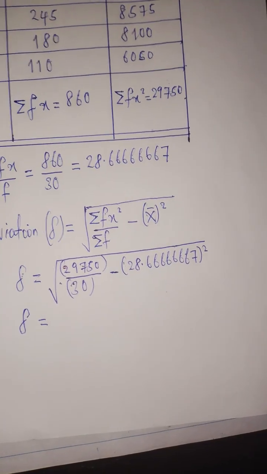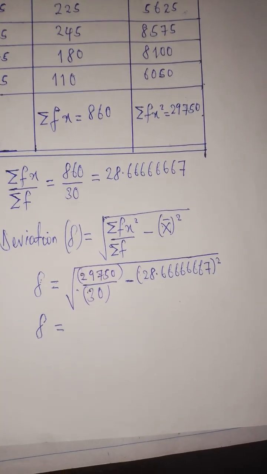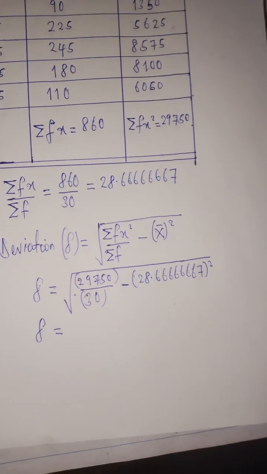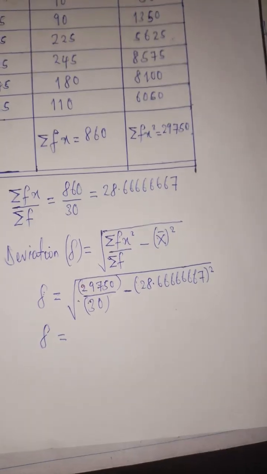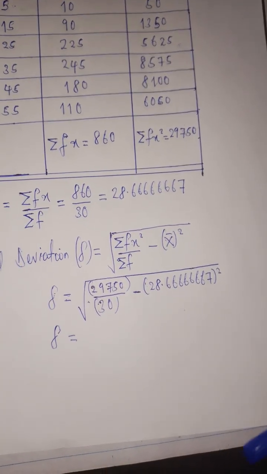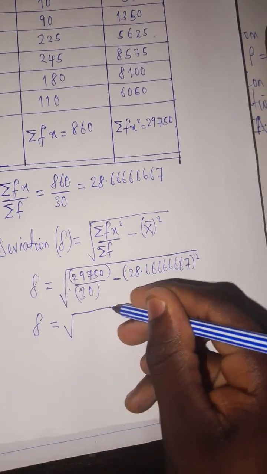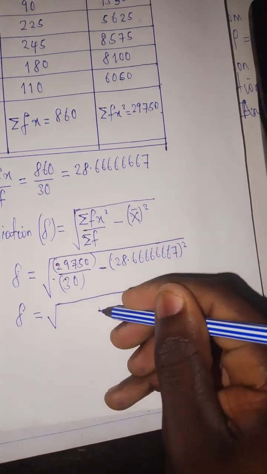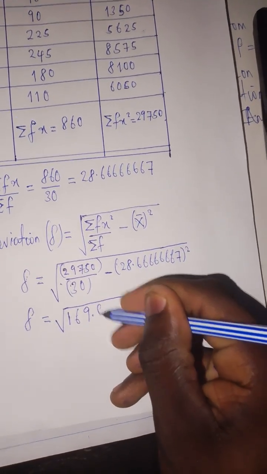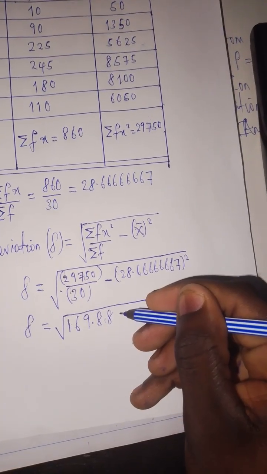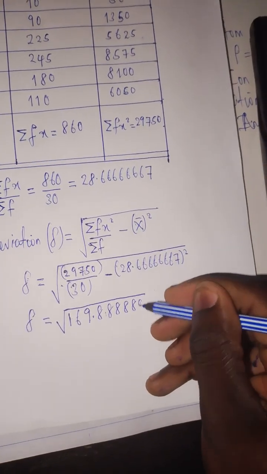Then I'm going to calculate standard deviation. So I'll do 29,750 divided by 30, then minus open brackets 28.666667 squared, close bracket. So this will be in square root. The value inside the square root is giving 169.888887.